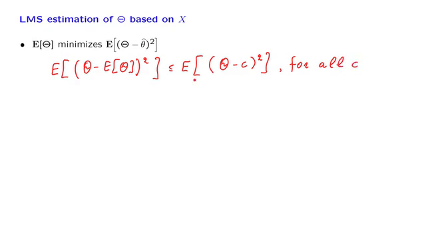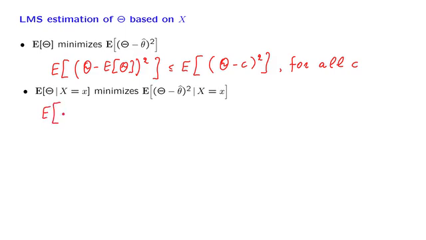Now let us take this inequality and translate it into our more interesting context where we have an observation available. Once more, the conditional expectation minimizes the mean squared error. Let us write out explicitly what this means in a form analogous to what we wrote down earlier.